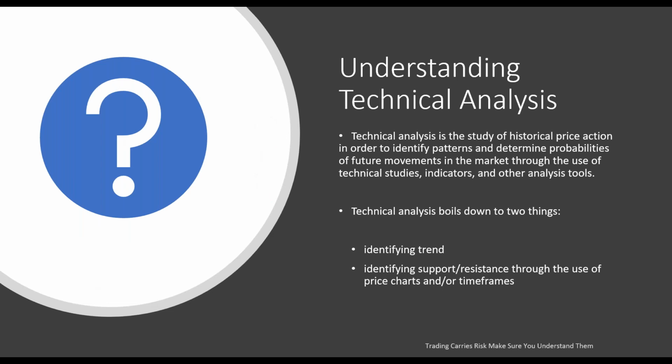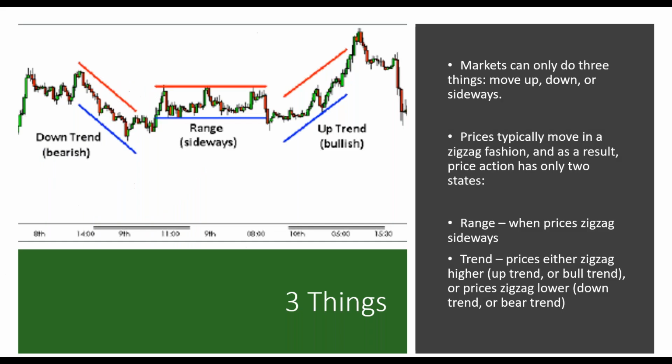Now, technical analysis is the study of historic price action in order to identify patterns and determine probabilities in the future movement of the market. Technical analysis boils down to 2 things: identifying trends and identifying support and resistance through the use of price charts and or multiple time frames.